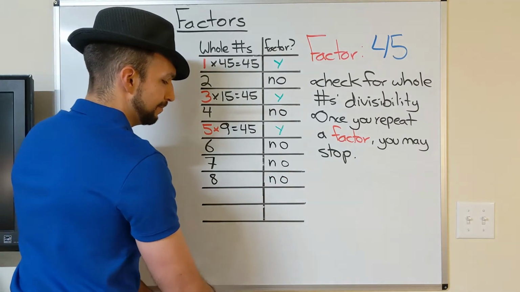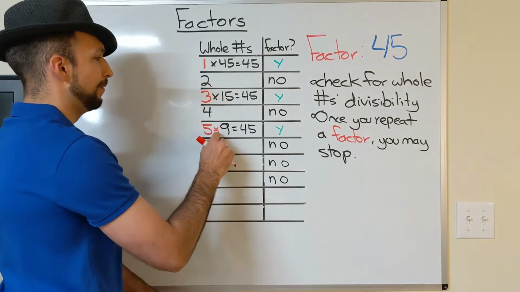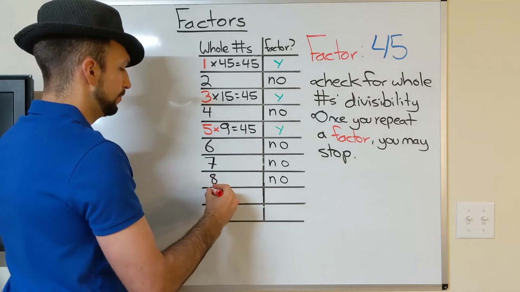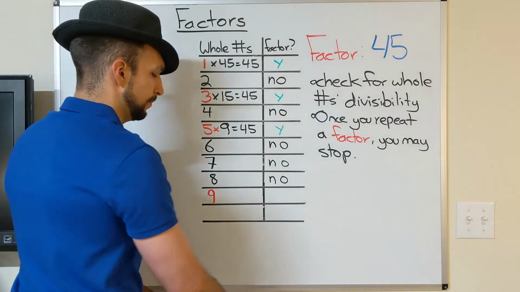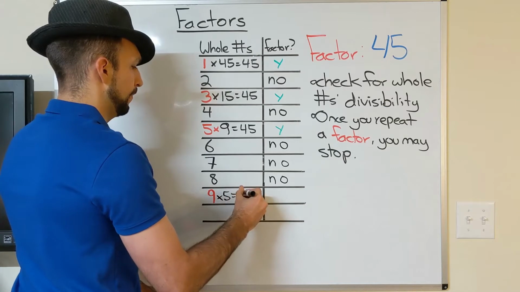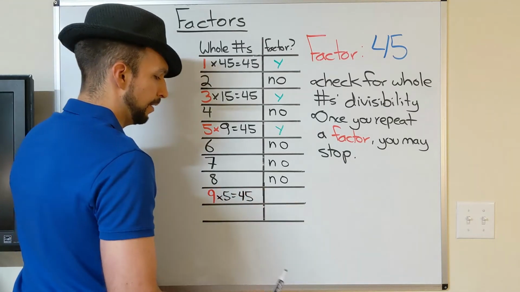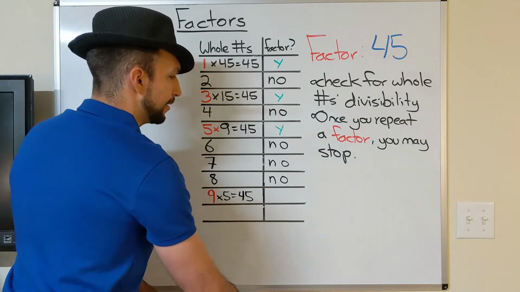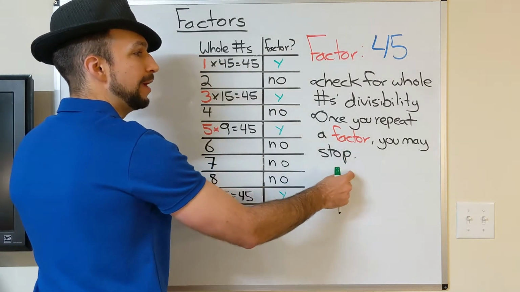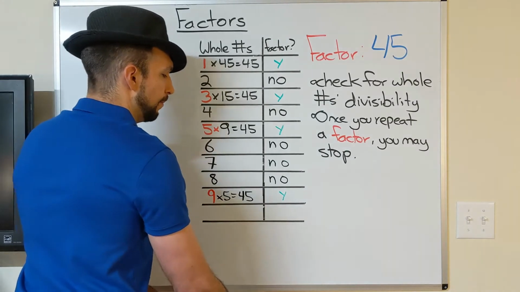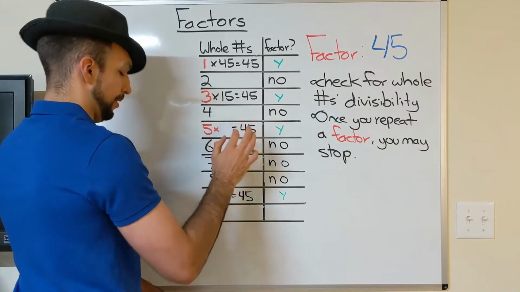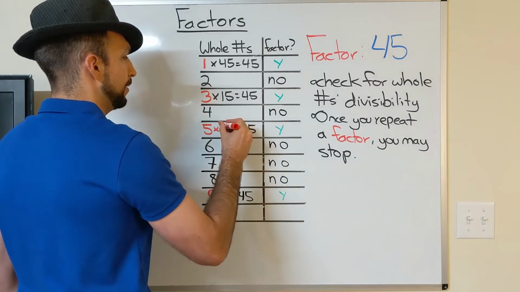And then 9. Well, we know from above that 9 times 5 is 45, so certainly 9 is a factor. But in my instructions I say as soon as we repeat a factor, we can stop, because we actually had 9 as a factor up here. So I'm going to make this red so I don't forget it.